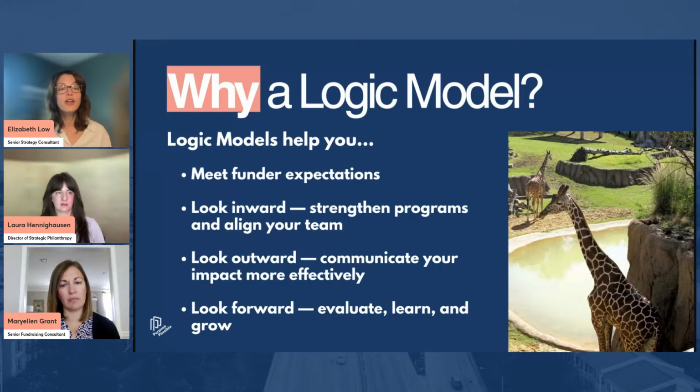But let's talk about why you'd want one even if you never apply for another grant. This is the part that gets me very excited. So number one is looking inward. Logic models give your whole organization, your staff, your leadership, your board, your volunteers, a shared language for how your work creates change. Everyone is pulling in the same direction.